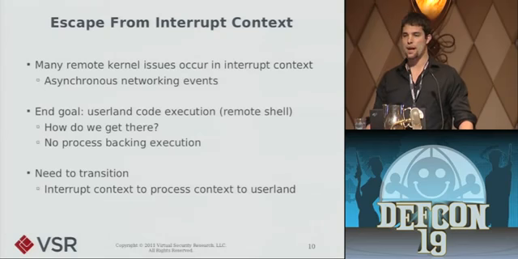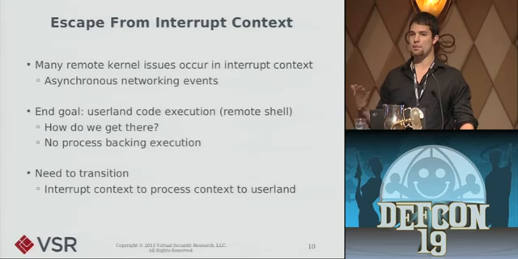And the final challenge, in my opinion, with writing these exploits is they frequently occur in what's known as interrupt context. So, 10-second operating system 101. When a process makes a system call, it is executing kernel code in what's known as process context, where the thread of execution has a userland application, a process, associated with it.